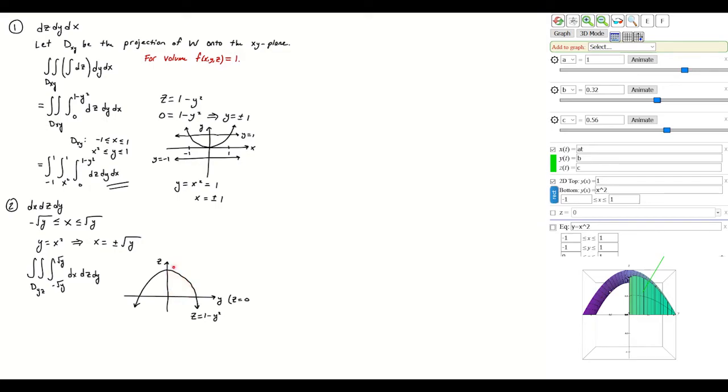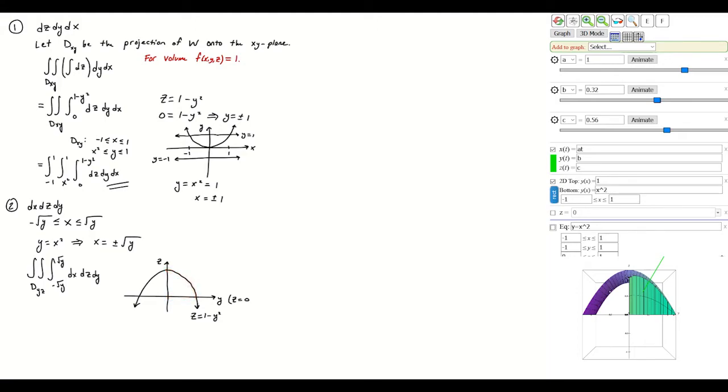So for this region here, we want to do it in the order dz dy. That means y is between two constants. So y is between 0 and 1, and then z is between z equals 0 and z equals 1 minus y squared.